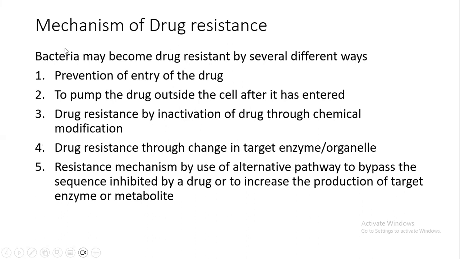Next, we are going to discuss the mechanisms of drug resistance in bacteria. So even if we make use of one or the other antibiotics, sometimes the bacteria can develop resistance against the drug that we are using by one or the other mechanisms, which include either prevention of entry of the drug in the cell or pumping the drug outside the cell once it has entered, or inactivation of the drug through chemical modification, or change in the target enzyme or organelle.